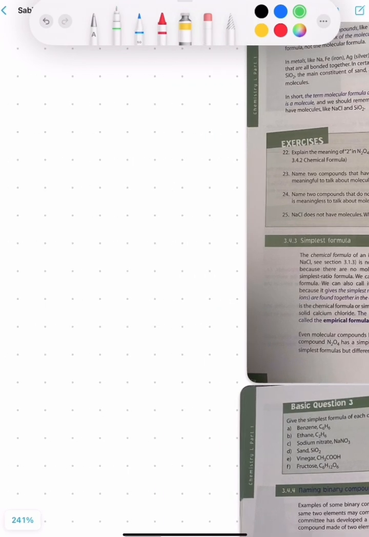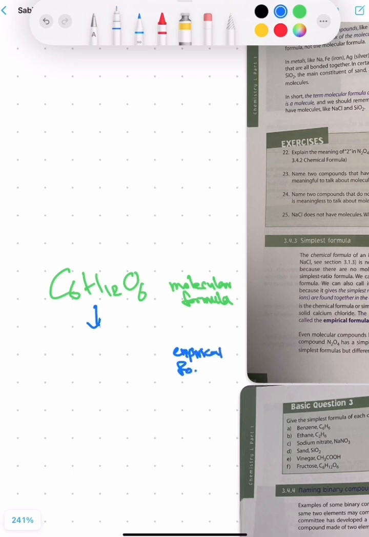So let's say we have C6H12O6. This is the molecular formula. How would I convert this into the empirical formula or simplest formula?